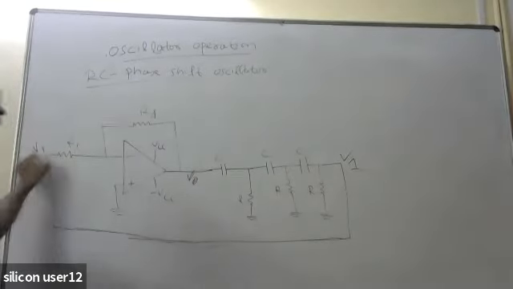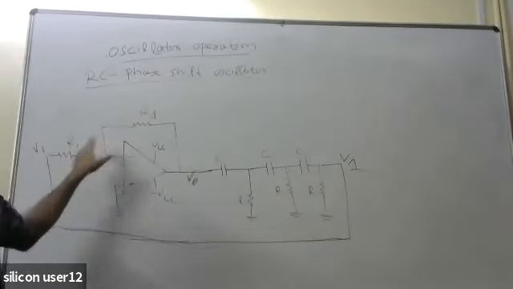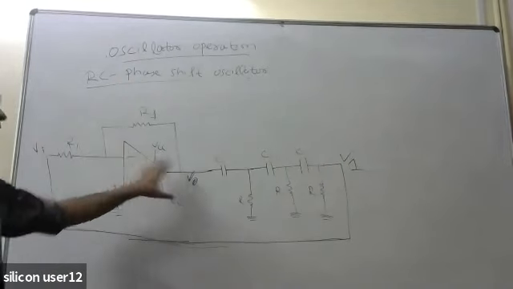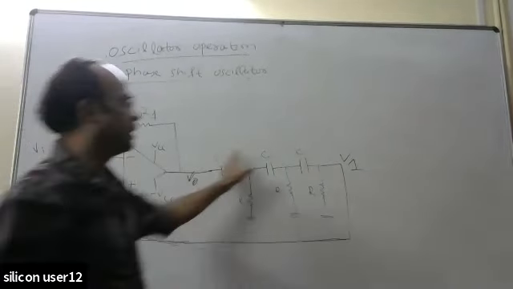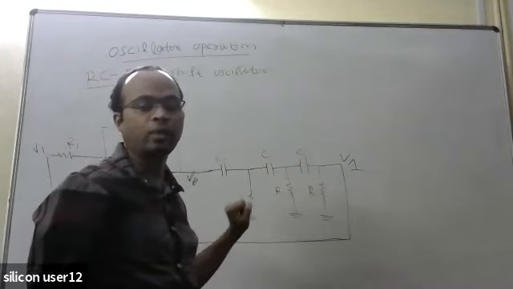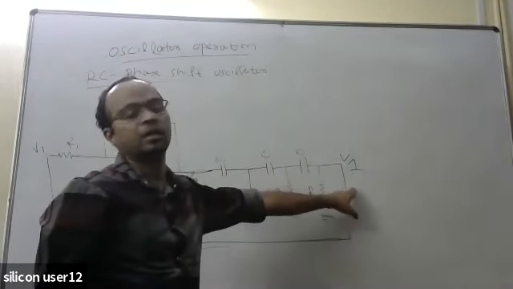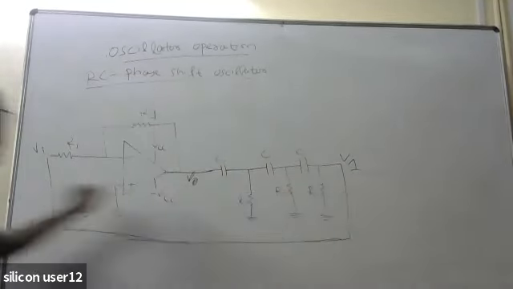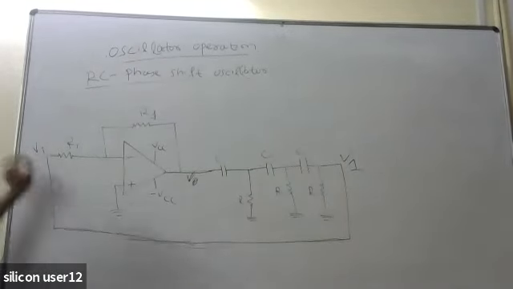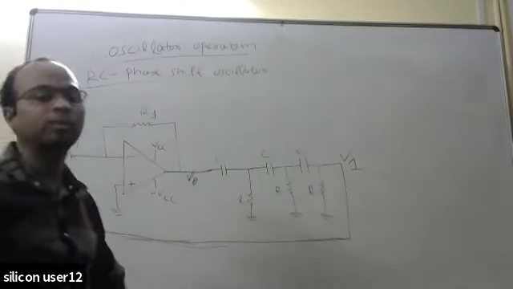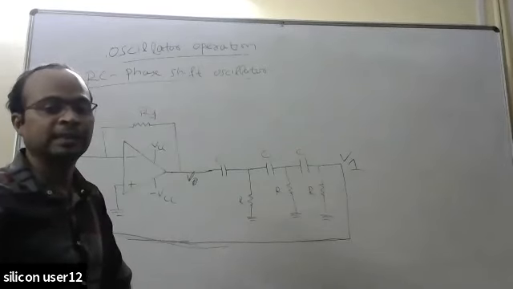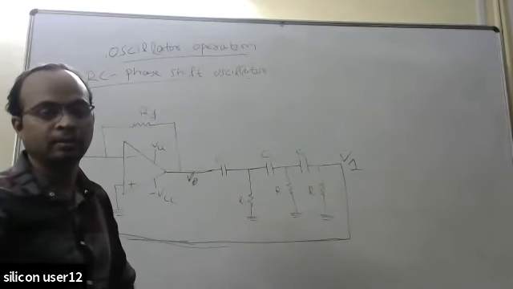So what is the total phase shift? Here this op-amp has done a 180-degree phase shift, and again this RC network has done another 180-degree phase shift. That means V1 is a total of 360-degree phase shifted compared to Vi. So 360-degree phase shift, what does it mean? Is it the same signal or not? Yes, sir.